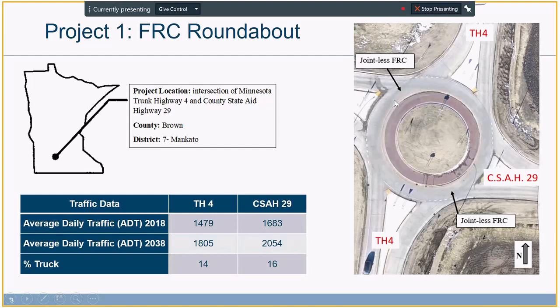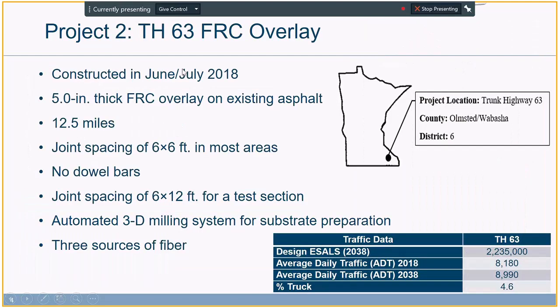The 2 other projects: project number 2, Trunk Highway 63 FRC overlay, which was constructed in July 2018. Just as a brief introduction, it's a 5-inch thick FRC overlay over an existing asphalt pavement in a stretch of 12.5 miles. The majority of the project was constructed with joint spacing of 6 by 6 feet.